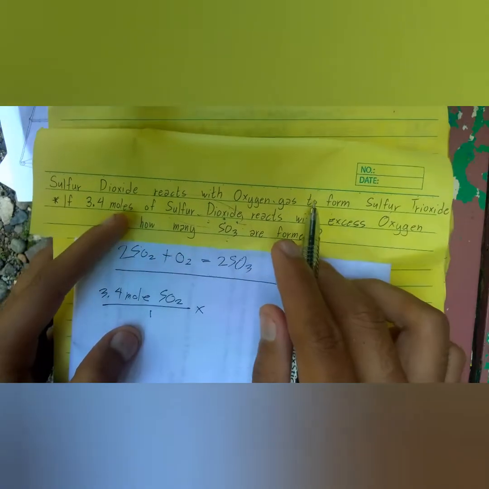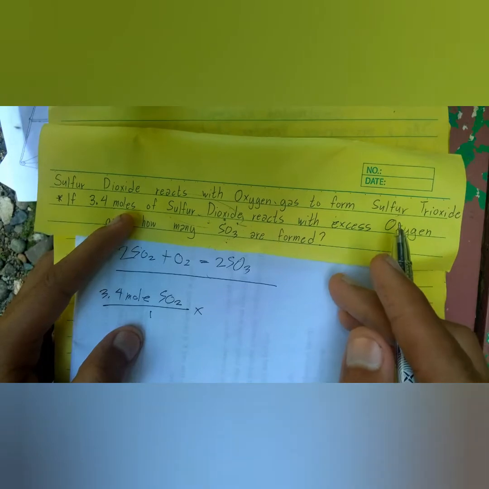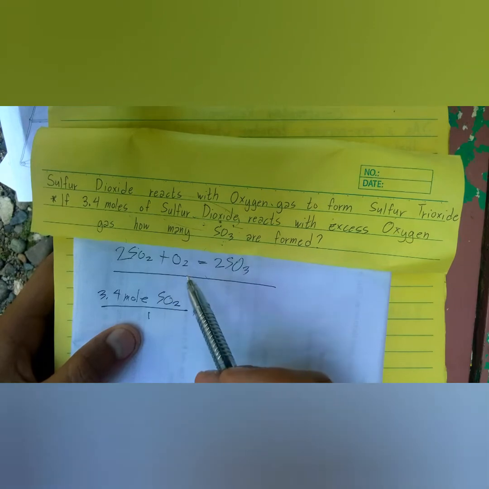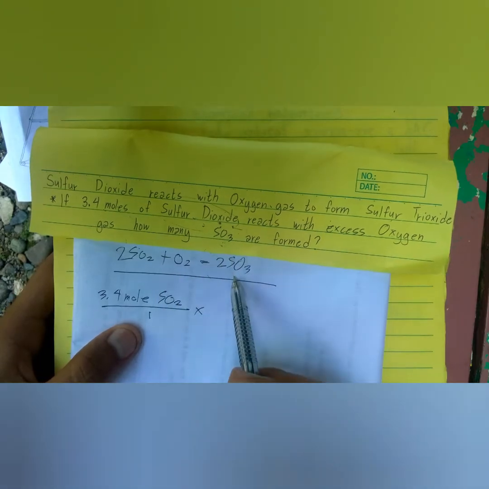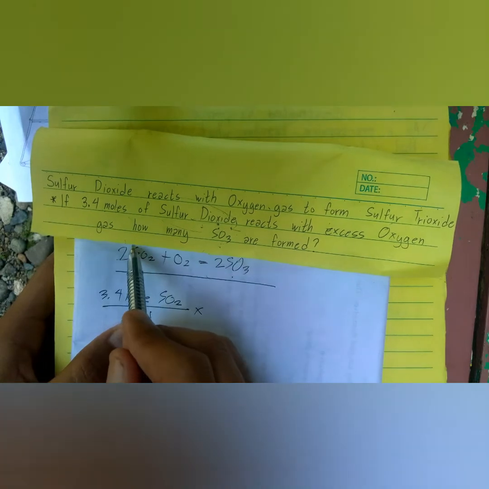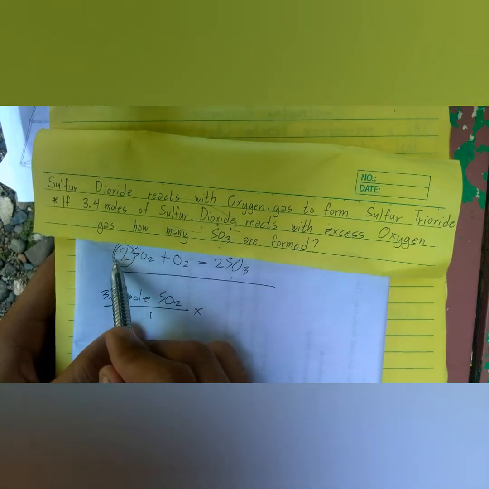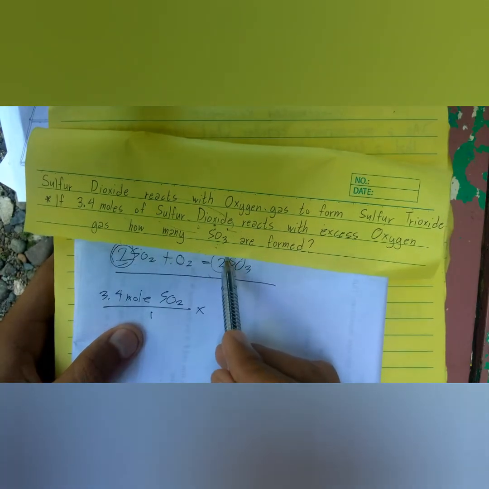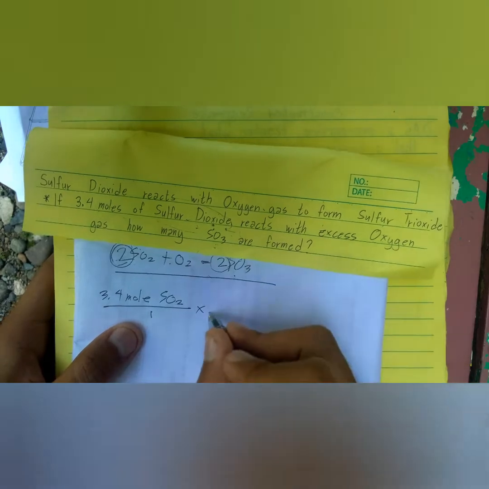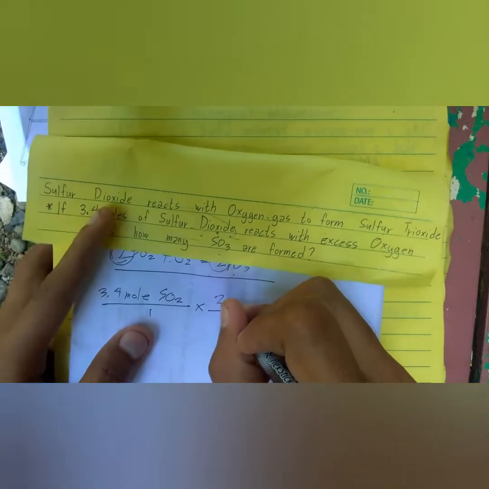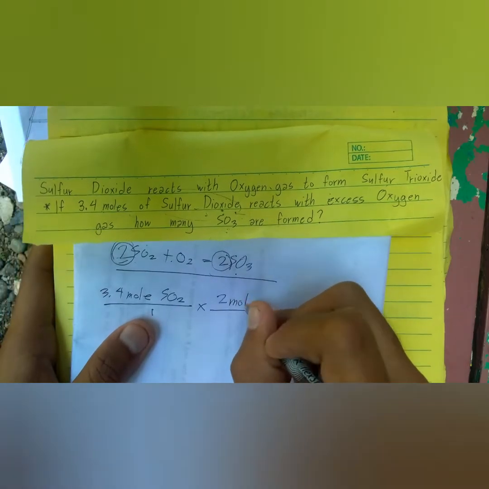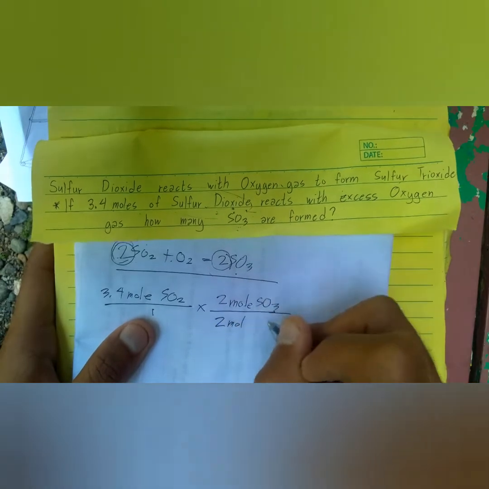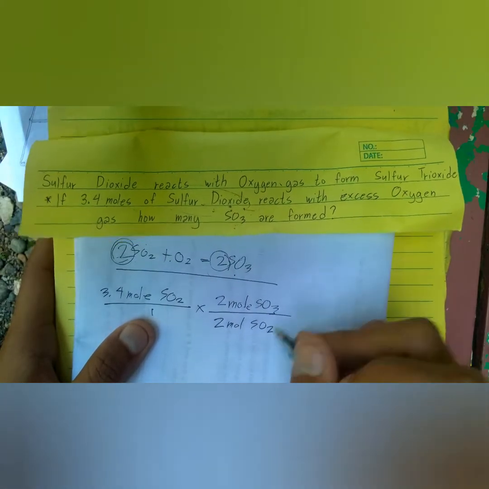This is where the balanced chemical reaction comes in. As you can see, how many moles of sulfur dioxide are needed to react in order to produce sulfur trioxide? There are 2 moles of sulfur dioxide that react to produce 2 moles of sulfur trioxide. So, 2 moles of sulfur trioxide needs 2 moles of sulfur dioxide to form.